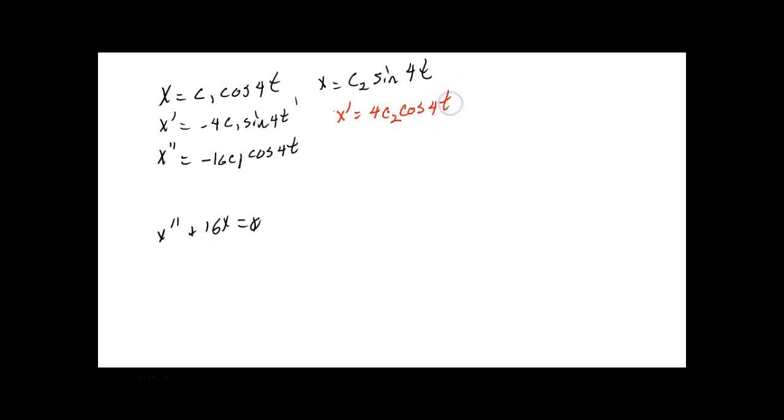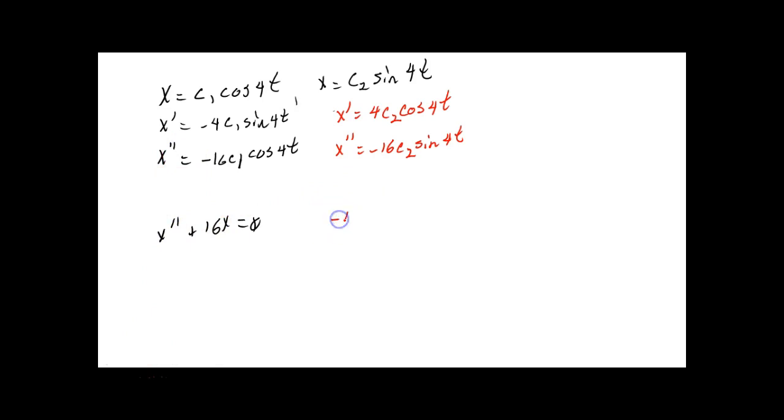Is that what I heard? And x double prime of the second one is going to be negative 16 C2 sine of 4t. Okay?